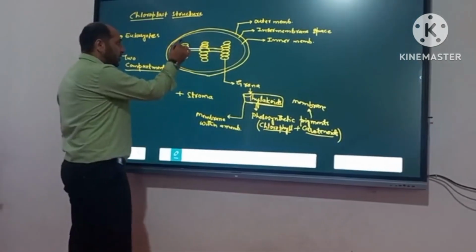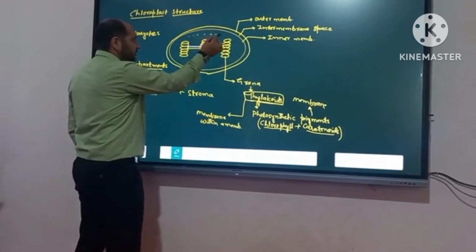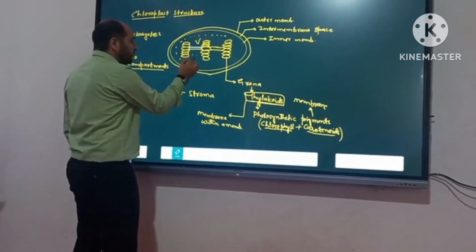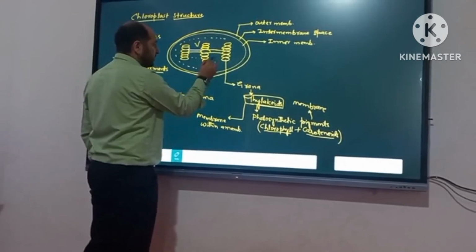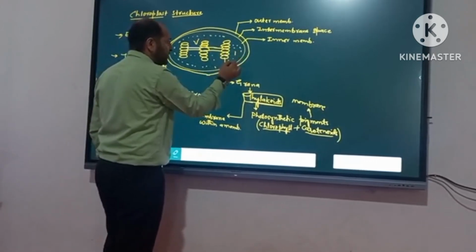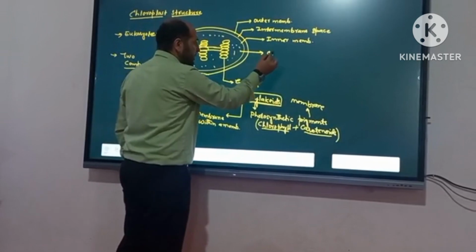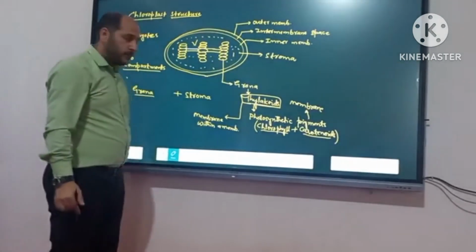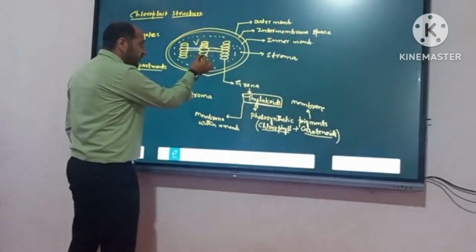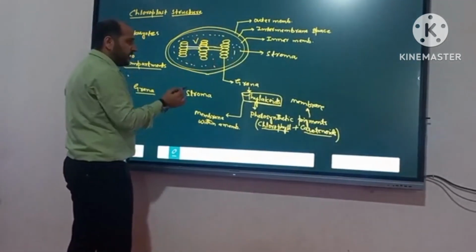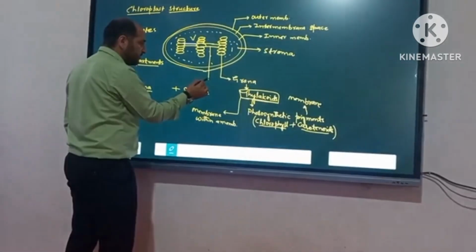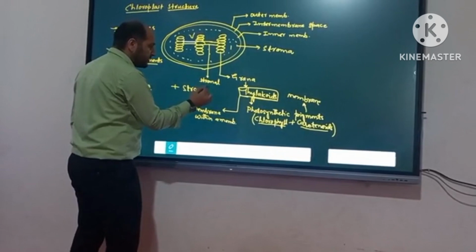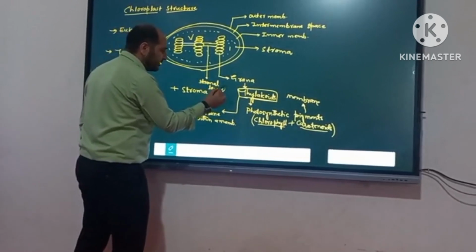Now, this structure has a fluid matrix-like structure present in here, and this fluid-like structure is known as stroma. The membrane which connects these two grana is present within the stroma, so it is called stromal lamellae.